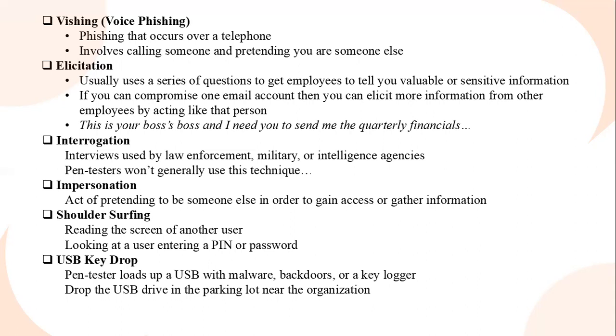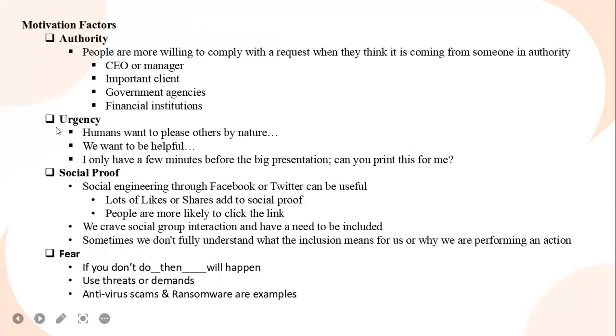He could open several email addresses that look like that particular email address, and he sends an email or he calls and says, this is your boss's boss, I need the quarterly information urgently because I'm in a meeting with your boss and he's not readily available now. So he has infused authority and urgency.